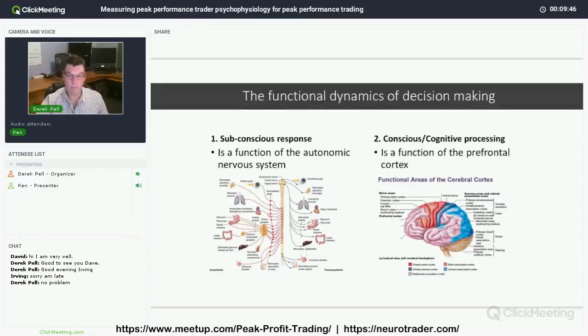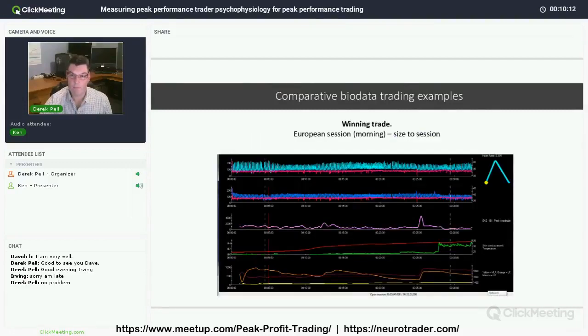So measuring the peak performance, this methodology allows us to have a very effective means of measuring, because we can perfectly correlate your responses to the markets, as I've demonstrated a couple of times. When you have a look at some trades and the biodata that accompanies them, it becomes very, very obvious what a peak performing state ends up being.